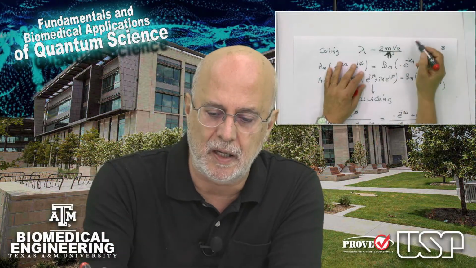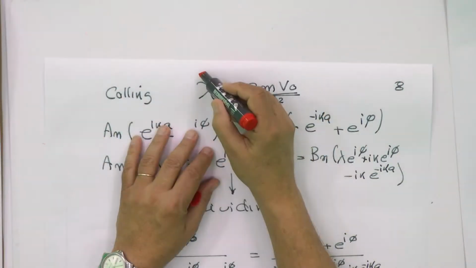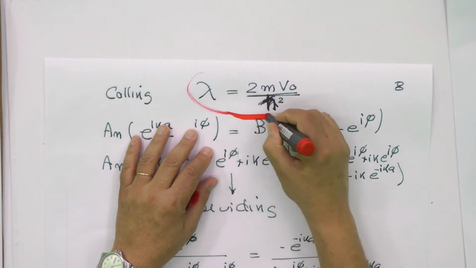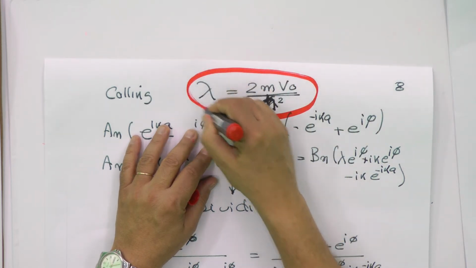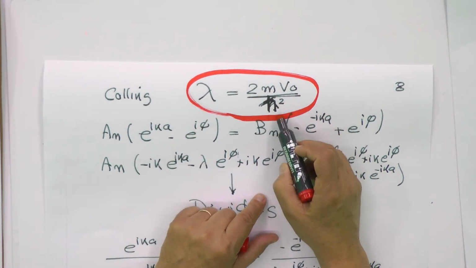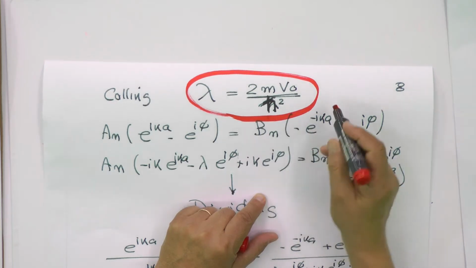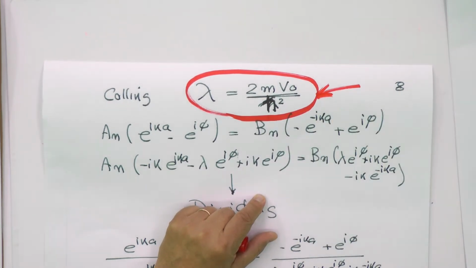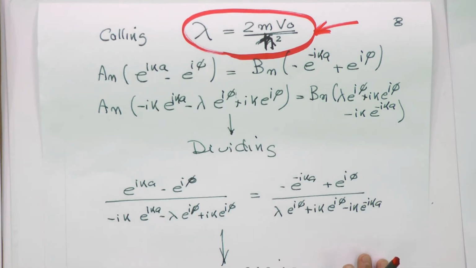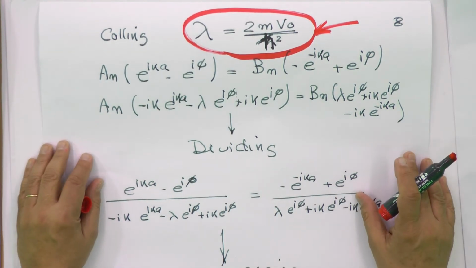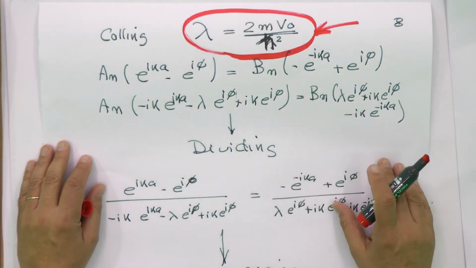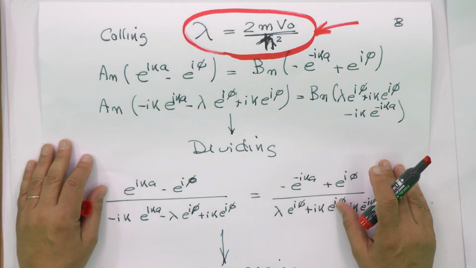And to simplify, to not carry those constants around, I'm going to call lambda 2mv0 divided by h bar squared. I did that when I solved the delta function before, and I should have done that earlier, but I want you to have the feeling that things were progressing the way they are.